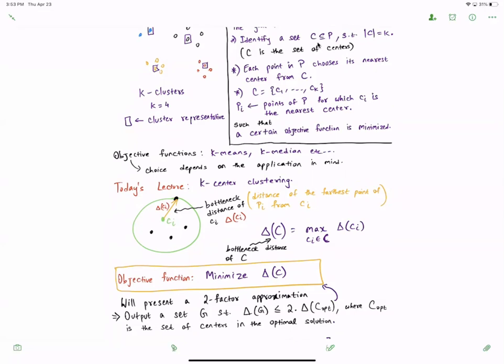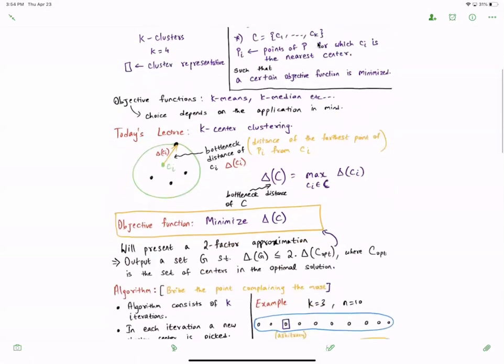There will be some optimal clustering, which we don't know, that leads to some delta C opt, and what we compute will be at most a factor of 2 away from it. Not bad, right? So that's the two-factor approximation we are aiming for.